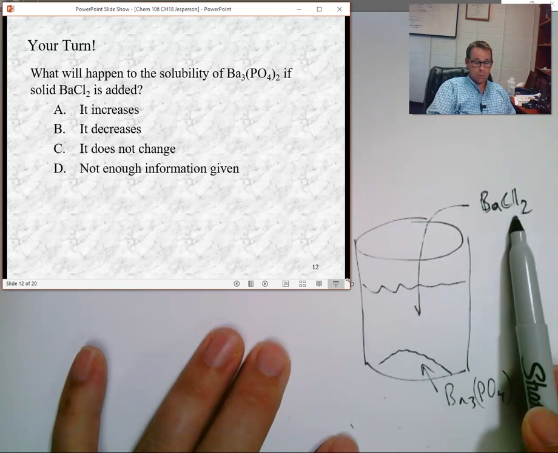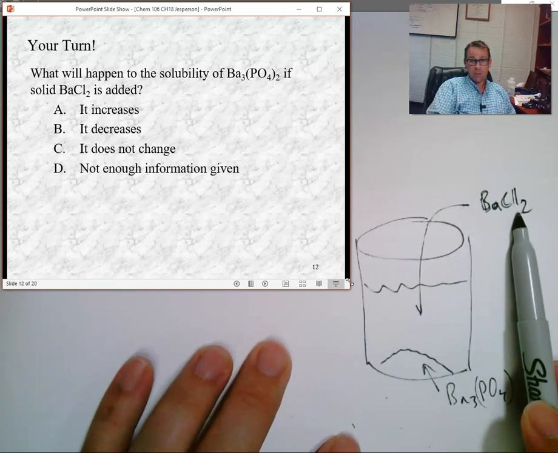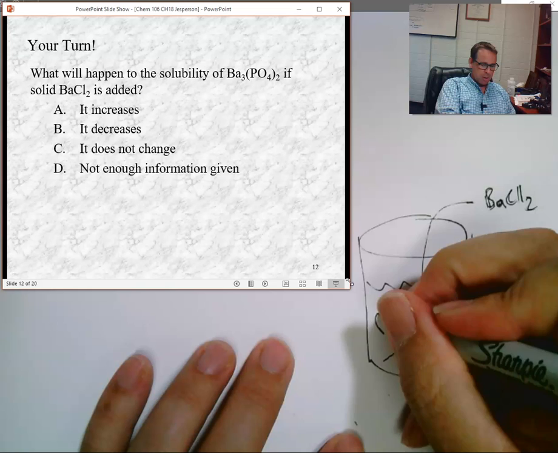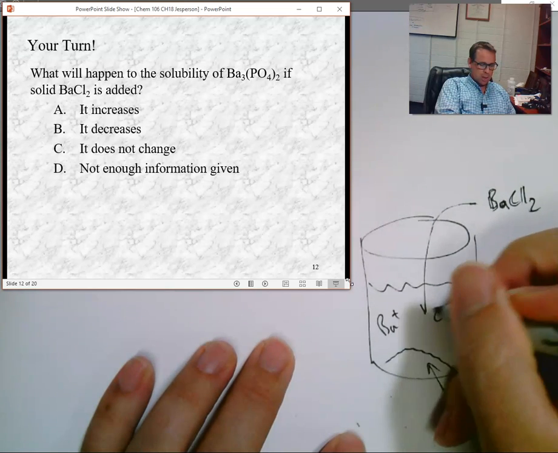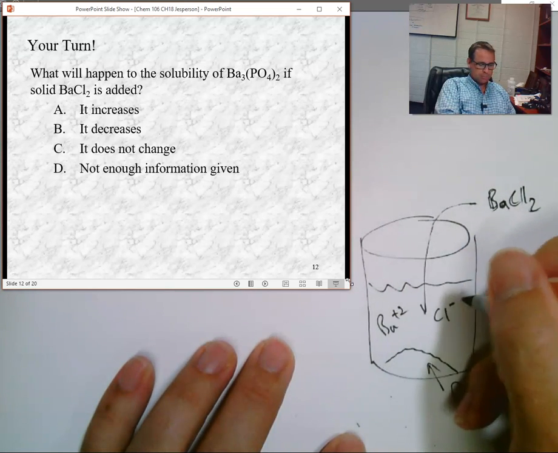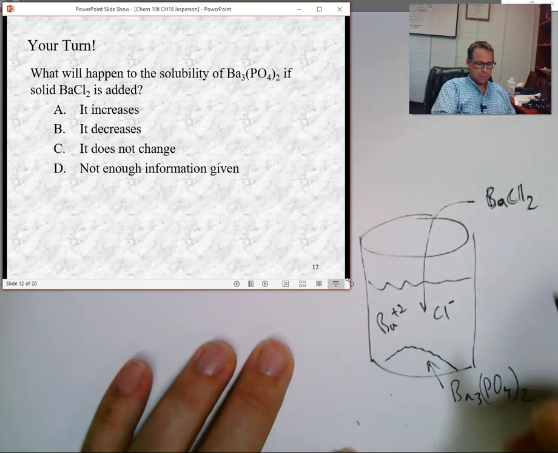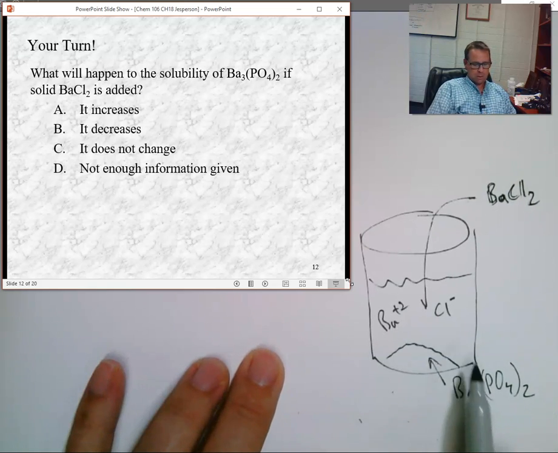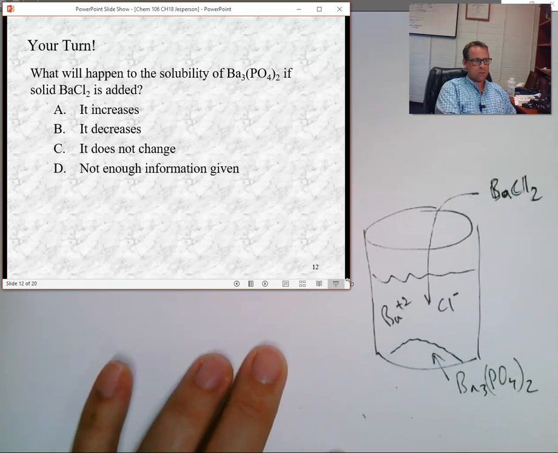Salts containing chloride ions are generally soluble. Silver and lead and mercury are exceptions. But now we're going to get barium ions and chloride ions floating around. So how is that going to change how much barium phosphate is actually dissolved in solution?